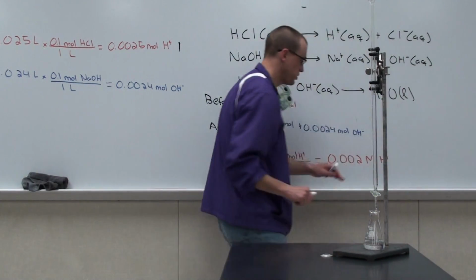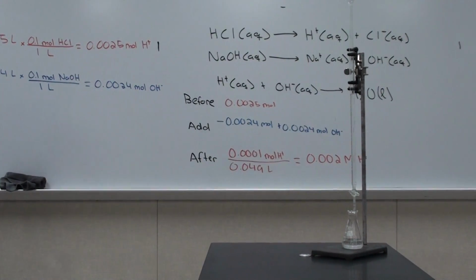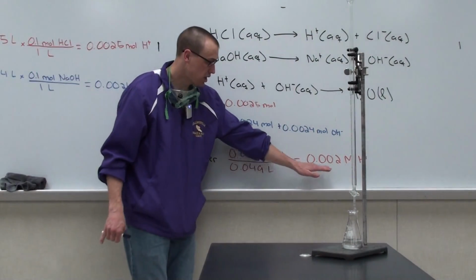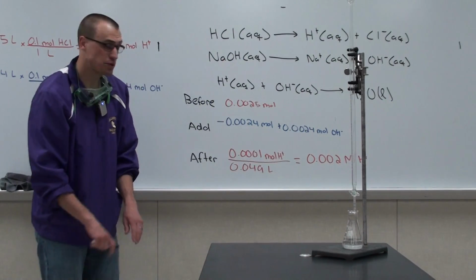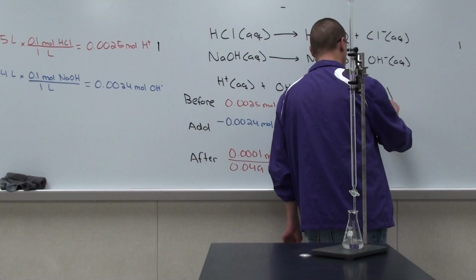And so what we're going to do to find the pH, the last part of this equation, is this. We are going to plug in the molarity of those H plus ions. So we're going to take the negative log of that molarity.